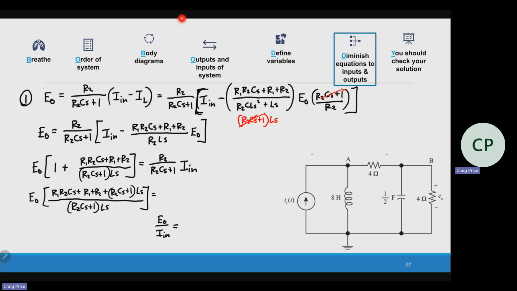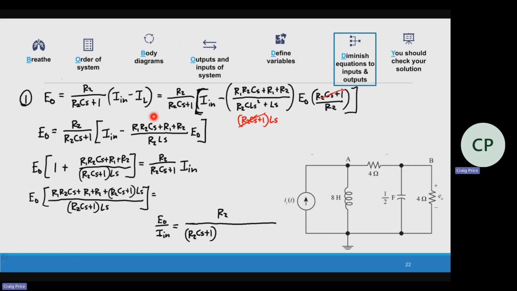I divide both sides by I in. I'm left with an R2 up top and an R2 CS plus 1 down here. That's on my right-hand side. Now I can take this and divide both sides.